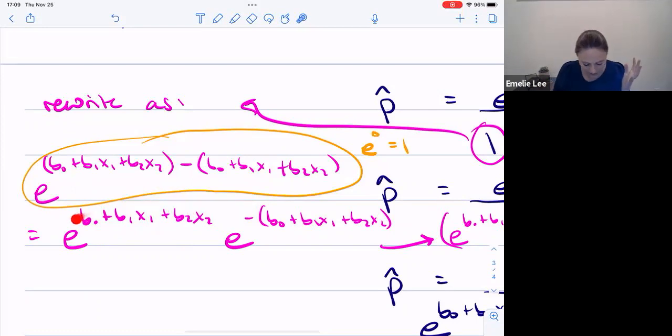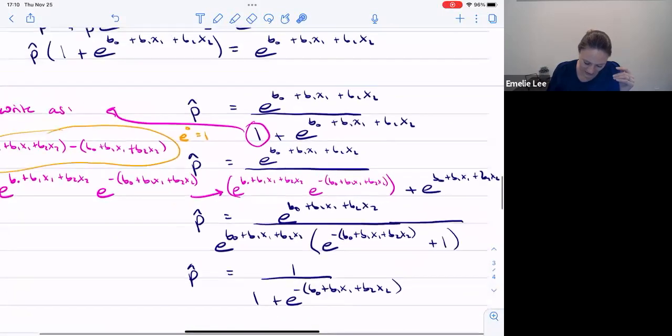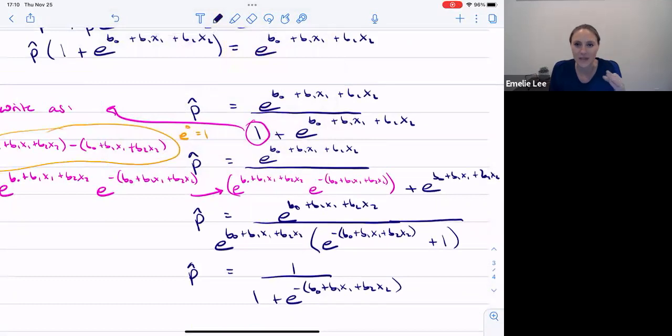It's good to see where it came from and that it's not that scary, and that you could arrive at it as long as you remember that you're estimating the log odds, and then everything else would fall into place.